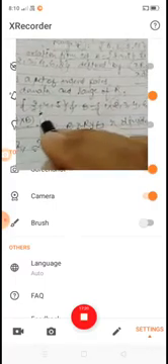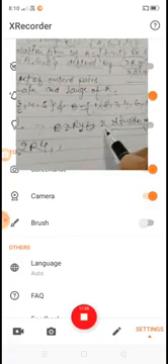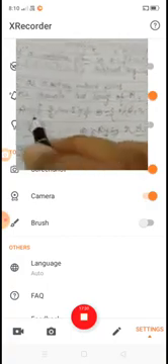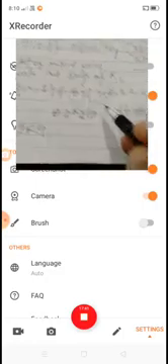Here x is an element of A and y is an element of B. This is clear.